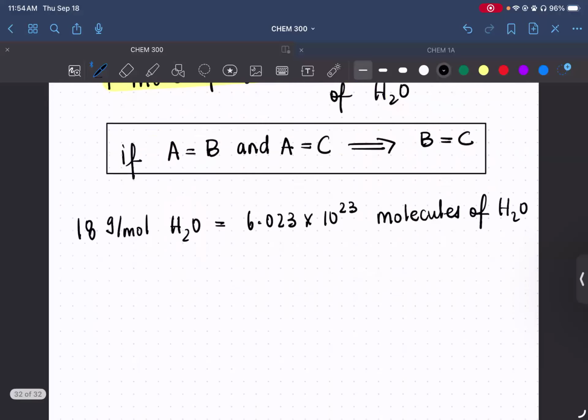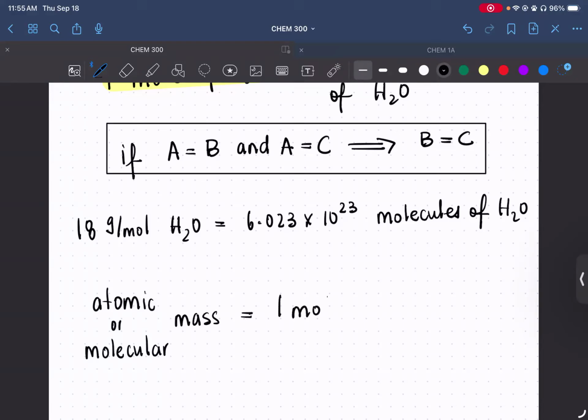This is what leads to the general statement that the atomic or molecular mass is equal to 1 mole, and that 1 mole is also equal to 6.023 times 10 to the 23 atoms or molecules.